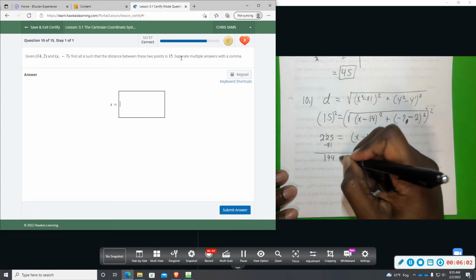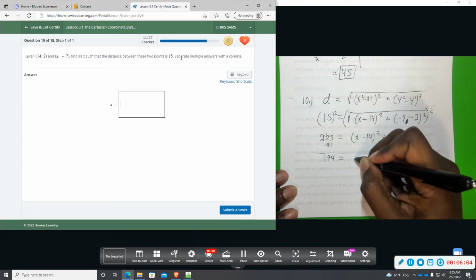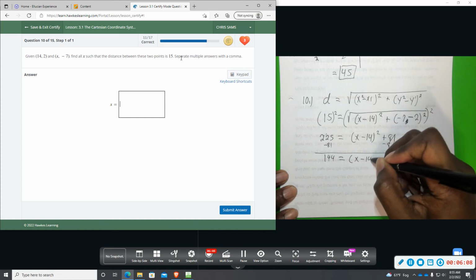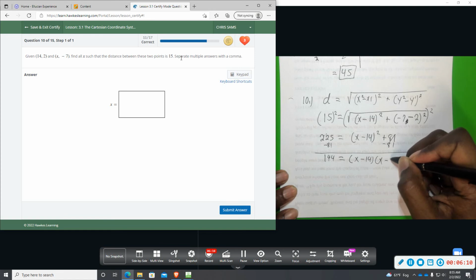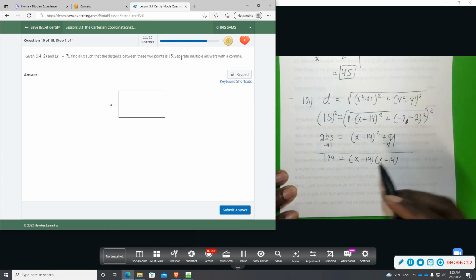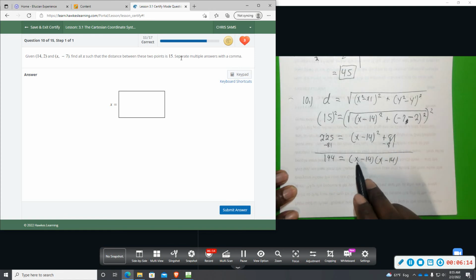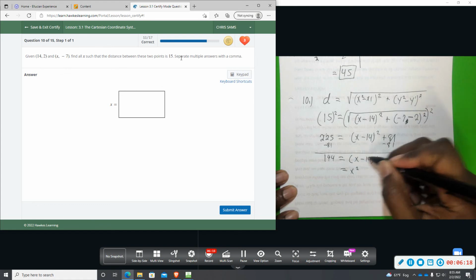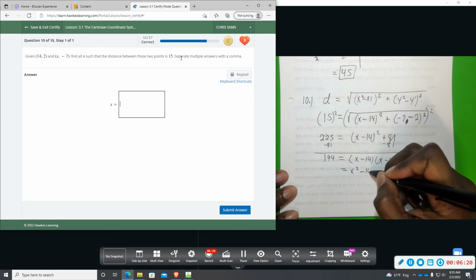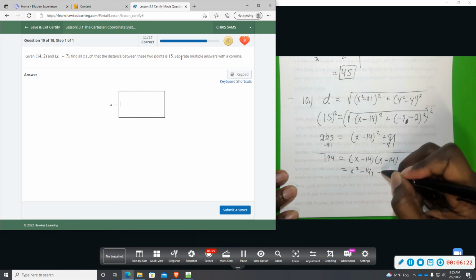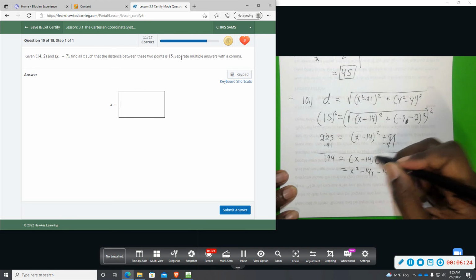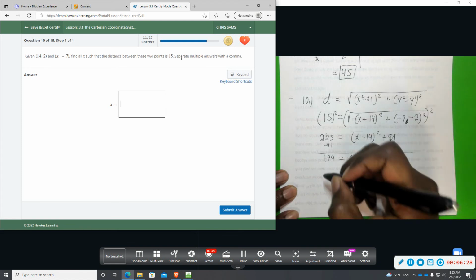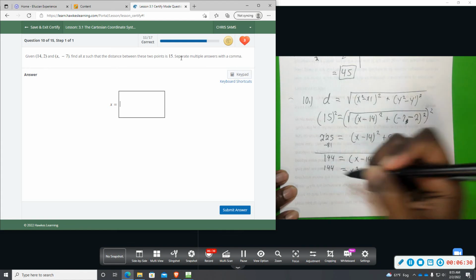So 144 equals, and I'm going to write this because we're going to have x minus 14 and x minus 14. So we're going to FOIL: x times x is x squared, and then minus 14x, and then another minus 14x, and then 14 and 14 will give us a positive 196. I'm bringing down the 144.